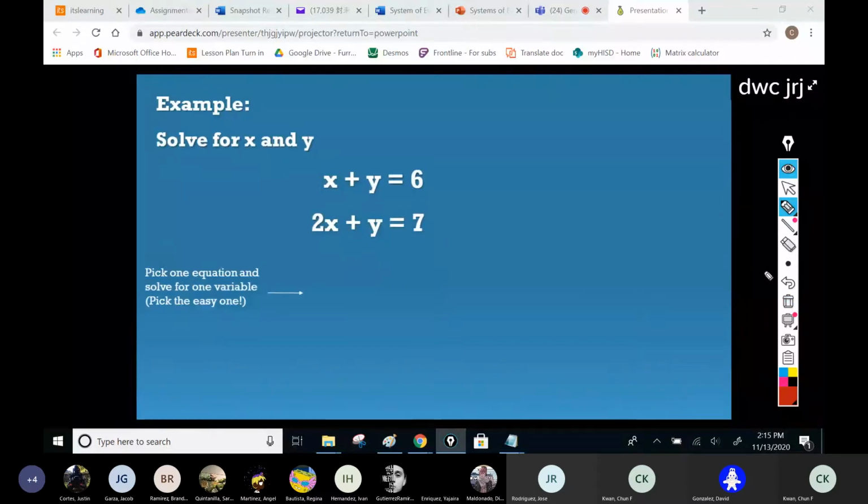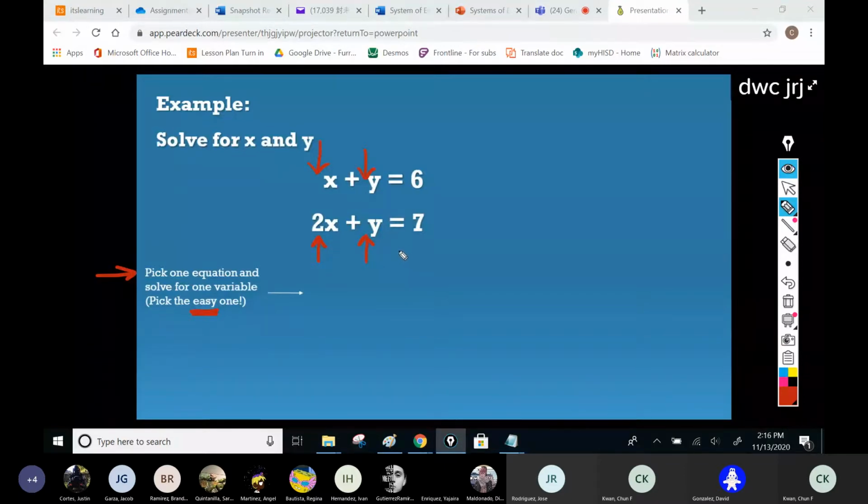We will start by picking one equation and solving for one variable. I want you to pick the easy one. When I say easy, I mean whichever one has fewer numbers in front of the variables.